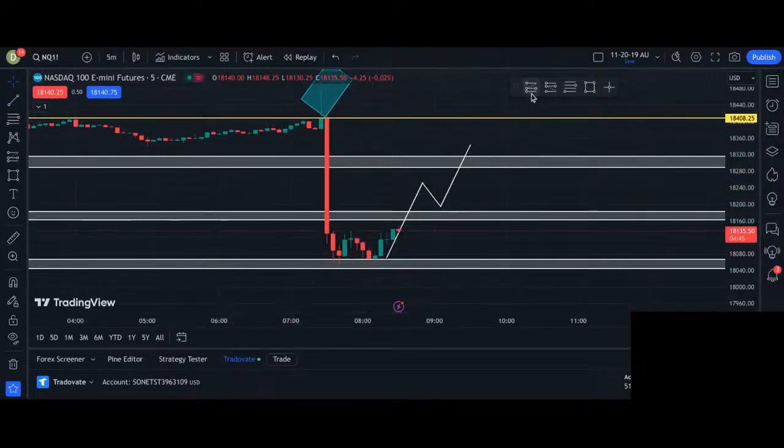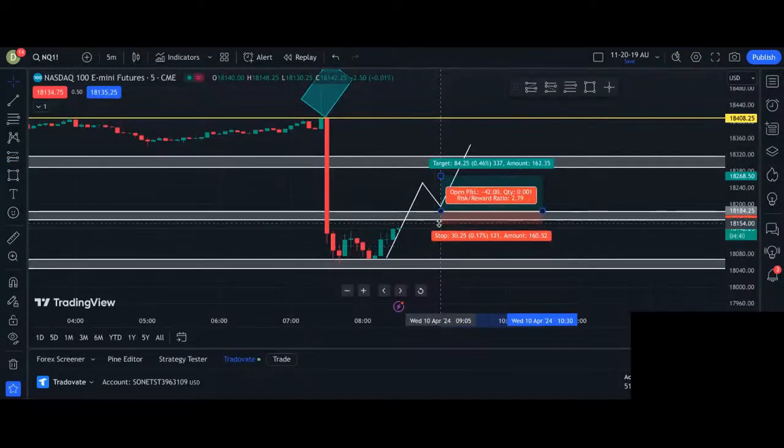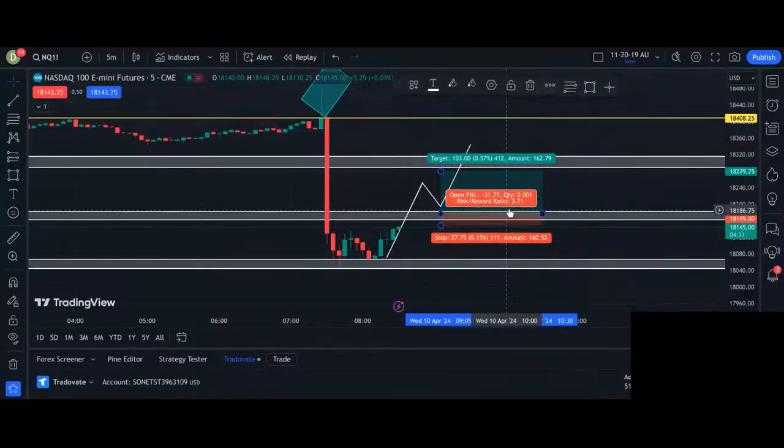If it retests and does that, I'm gonna get in right in here. Stop gonna be right there. Take profit gonna be right in here. And I'll be in and out again probably in 5-10 minutes.